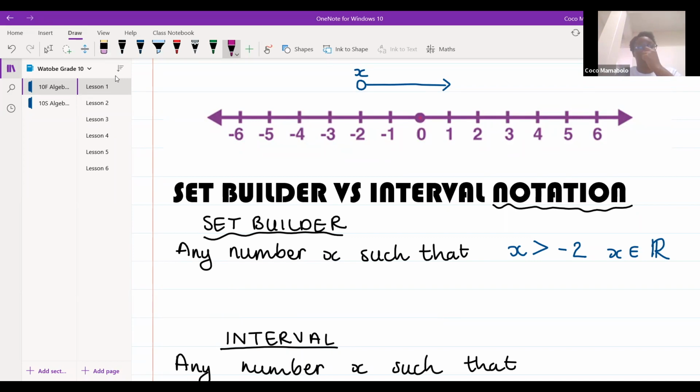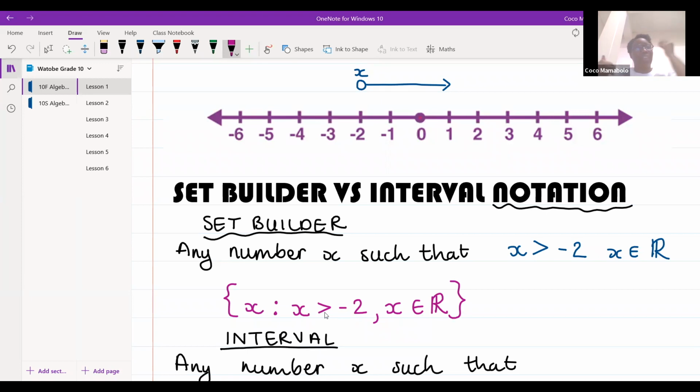You're going to draw a squiggly bracket like that, and you're going to say, I'm talking about a number X. I know that this number X needs to be greater than -2. But I also know that X is a real number. Just like that. And then I'm going to close it up with the squiggly brackets.